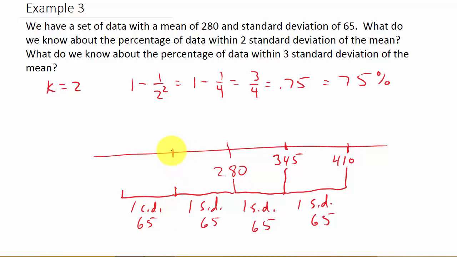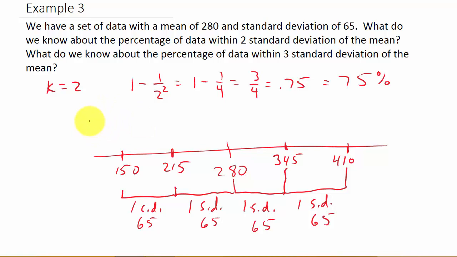So this number would be 280 minus 65, that's 215. And then subtract 65 again, that would be 150. So this right here is 2 standard deviations above the mean, and this is 2 standard deviations below the mean. So what can we say about the data?